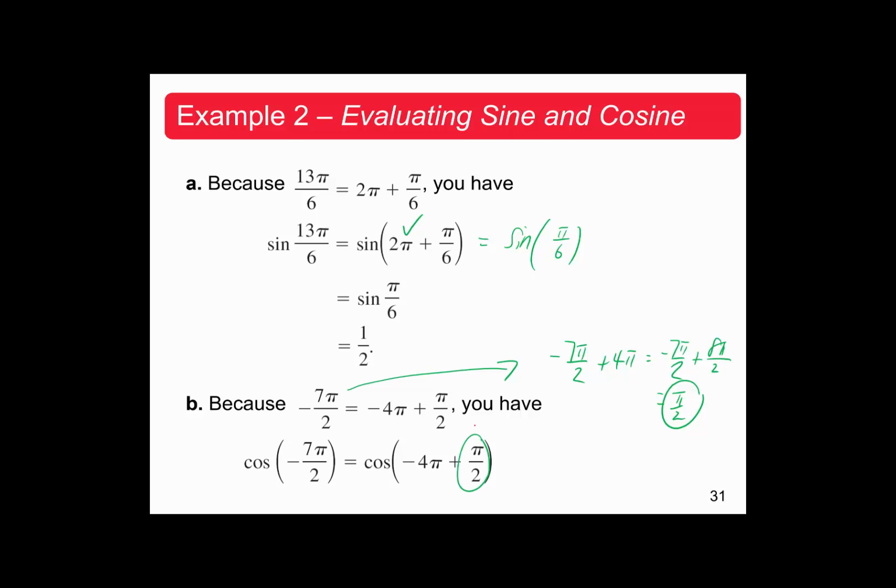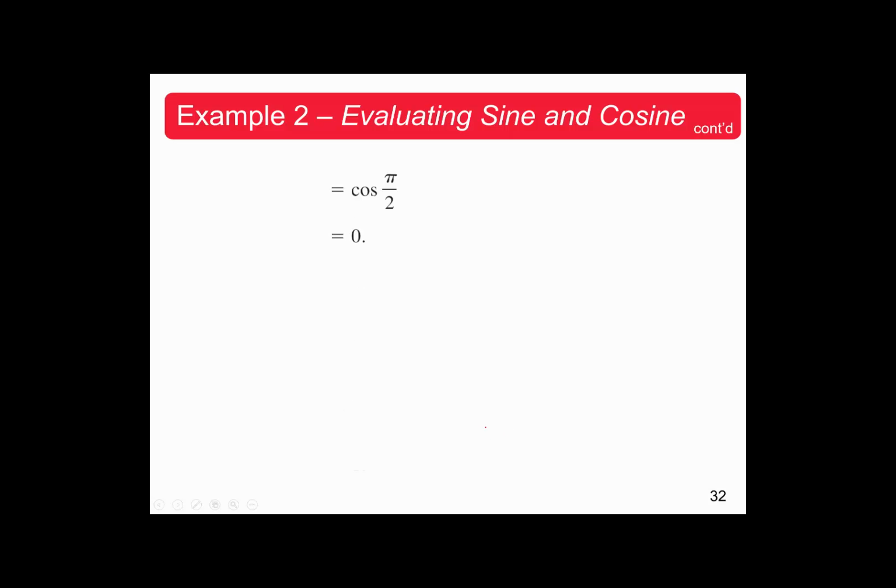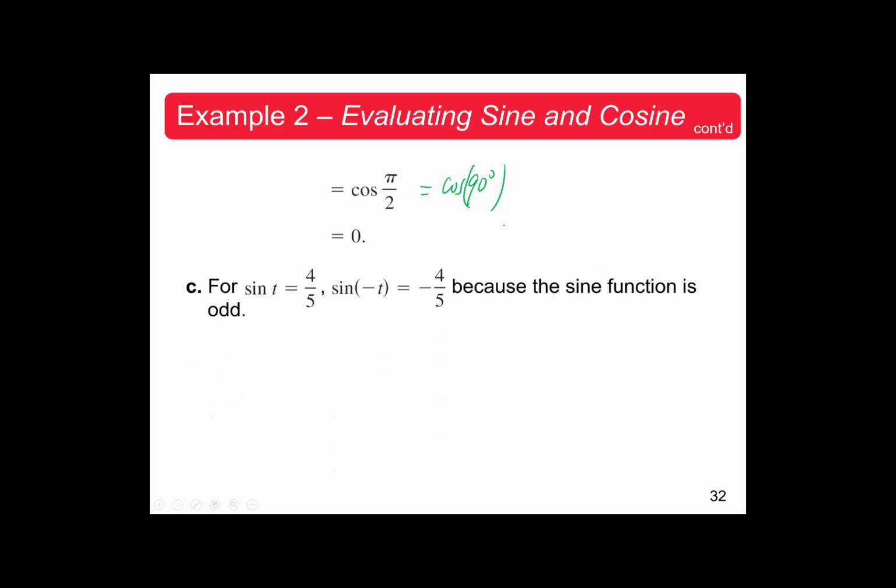So here you go, pi over 2. It should be the same as cosine of pi over 2, and cosine 90 degrees equals 0. Sine 90 degrees equals 1 and cosine 90 degrees equals 0.